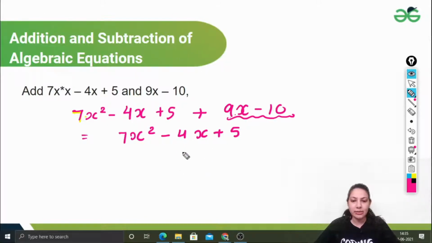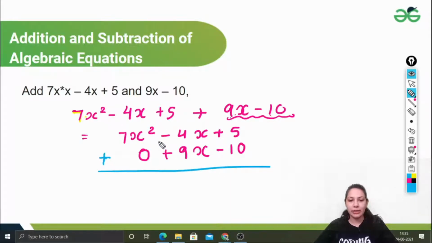So 9x is a like term to 4x, so I will write it below 4x. Minus 10 is a constant like 5, so I'll write it over here, and since in this part there is no x square term, here I'll write 0. So you can see, in order to solve this, we have to write such that the like terms appear in individual rows.